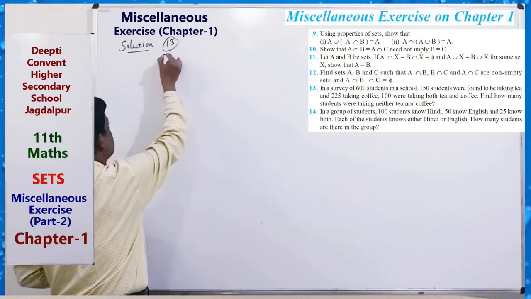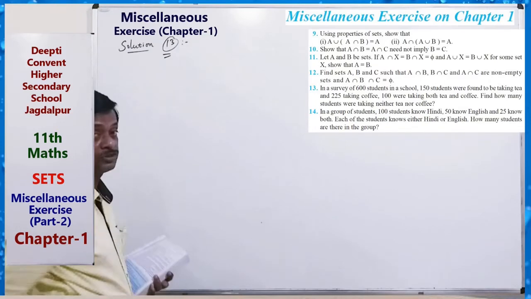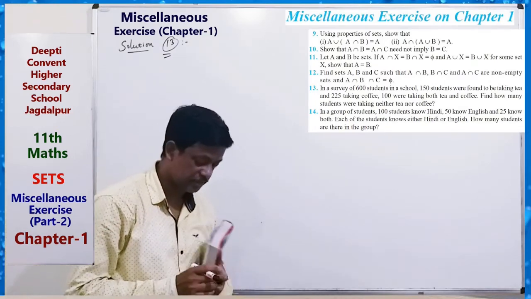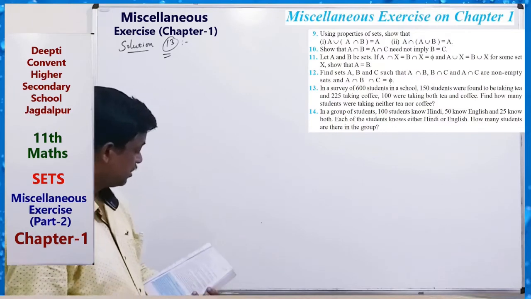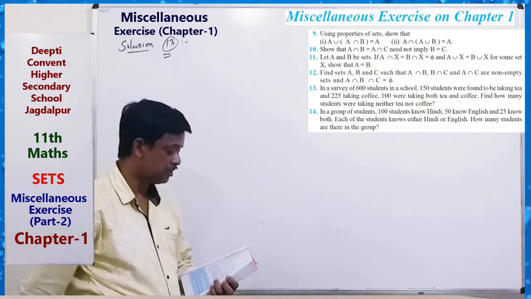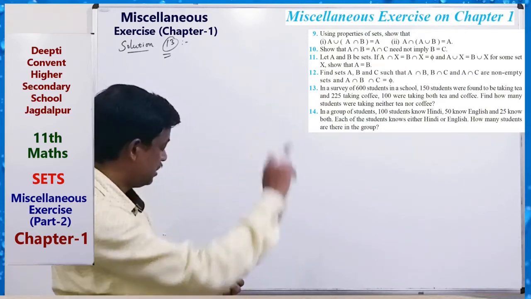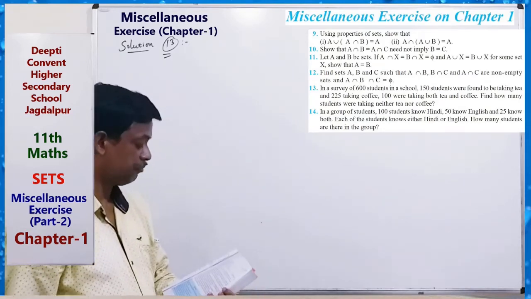Now take question 13. We have to solve all questions in your copy and send to me for your attendance. Okay, so here, see. In a survey of 600 students in a school, 150 students were found to take tea, 225 take coffee.